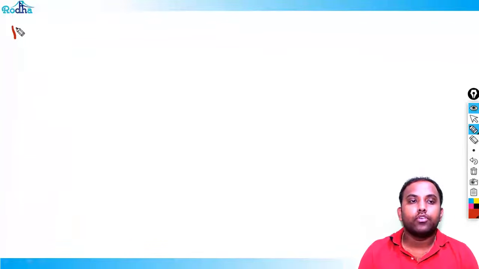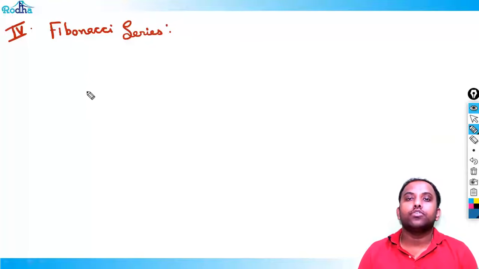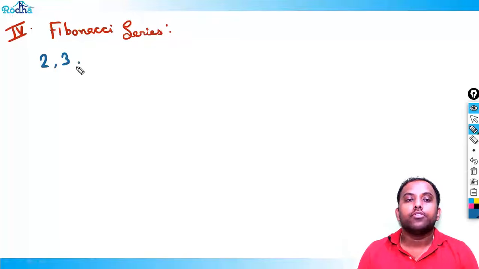Next one is the Fibonacci series. Fibonacci series is basically adding the previous 2 terms to get the next term. Suppose I write a series: the first 2 terms are 2 and 3.